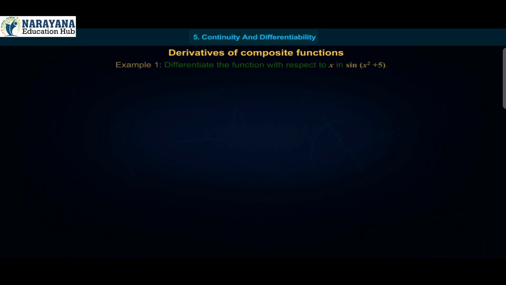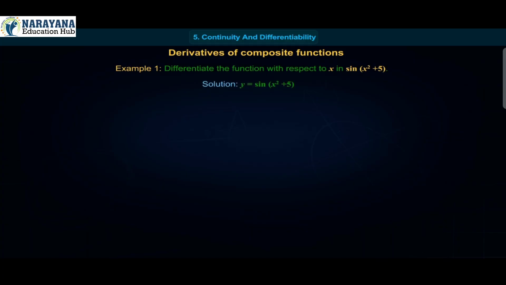Example 1. Differentiate the function sin(x^2+5) with respect to x. Solution: y is equal to sin(x^2+5). Let u is equal to x^2+5.